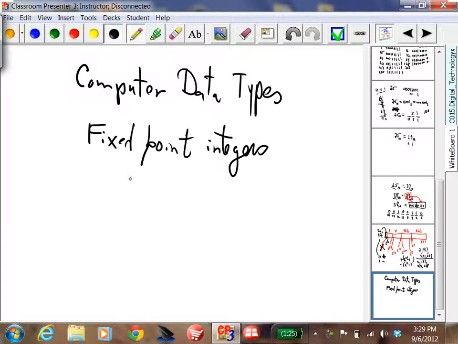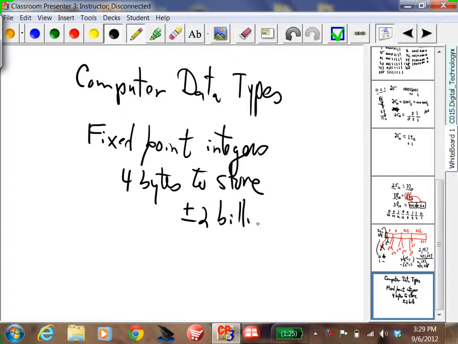These take 4 bytes to store, and they are in the range I'm just going to say plus or minus 2 billion. So that's one data type. These are elementary computer data types.